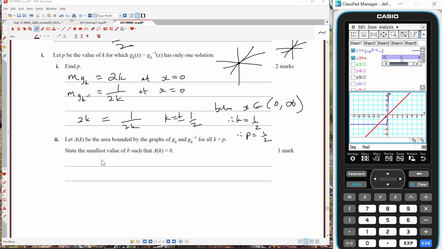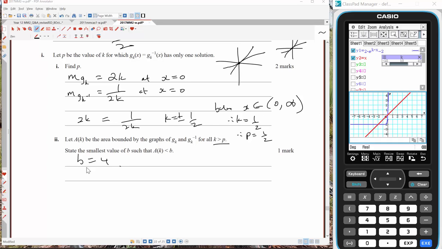So state the smallest value of b such that A of k is less than b when k is larger than p. So what's the smallest amount that A of k can be less than? So basically the cutoff point. So b is equal to 4 in this case.